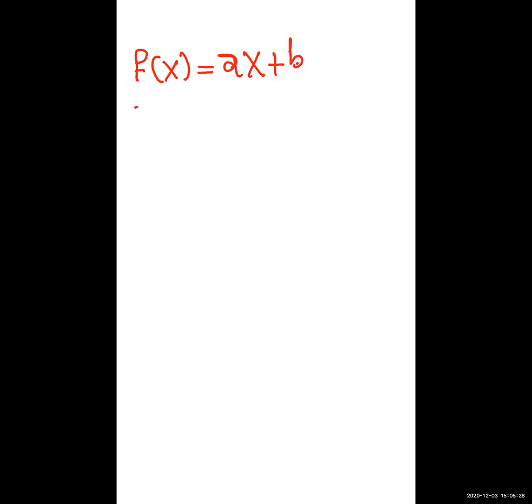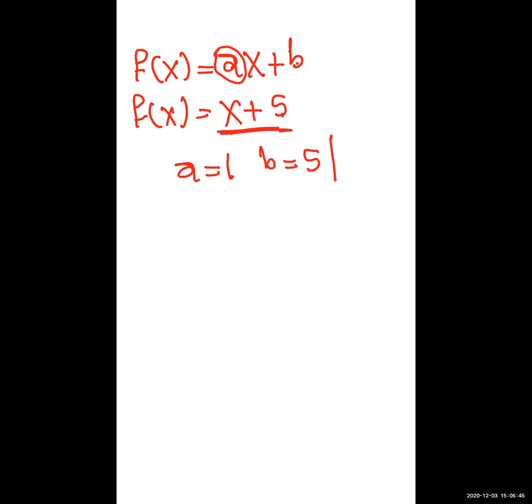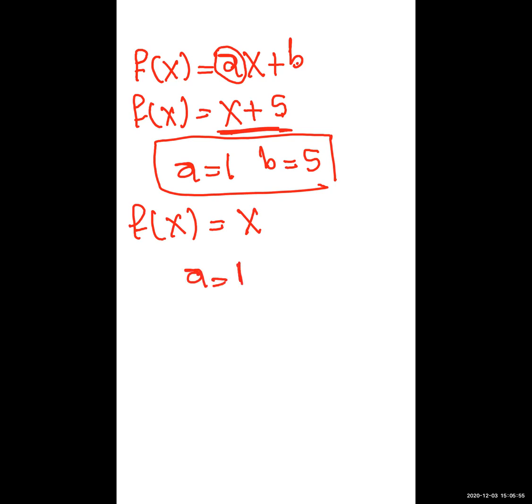So in this case, f of x may equal x plus 5. Here a equals the coefficient of x, so 1, and b equals 5. If f of x equals only x, a equals the coefficient of x, which is 1. Do we have a number here? No, so b equals 0.